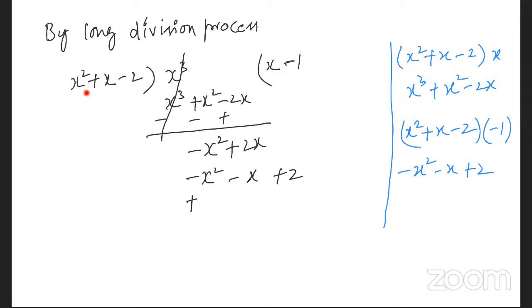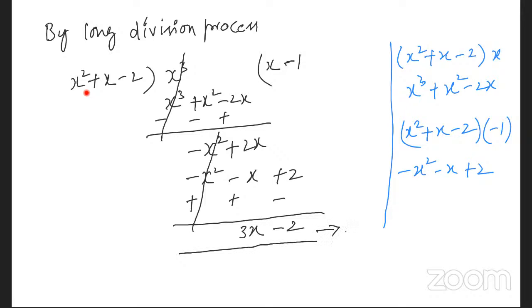So this will be plus, this will be plus again, and this will be minus. These two terms get cancelled, and we get 3x minus 2. So this is the remainder r of x. This is the quotient q of x. So what can you write?